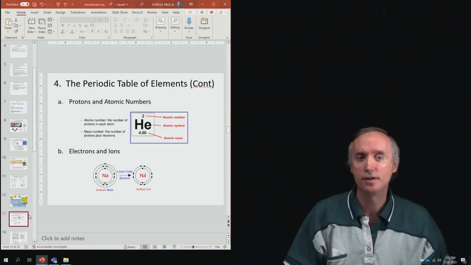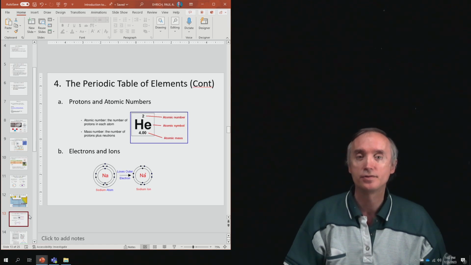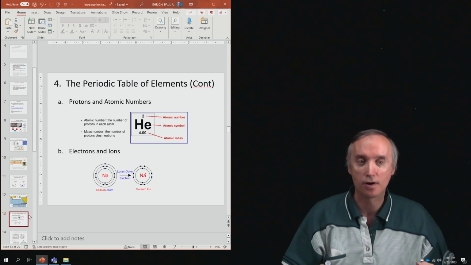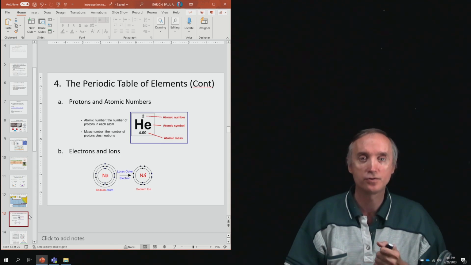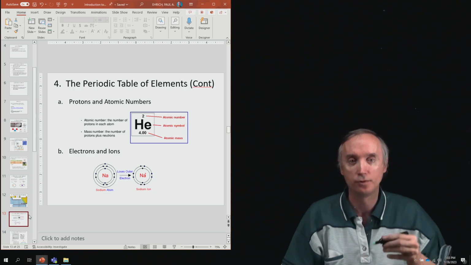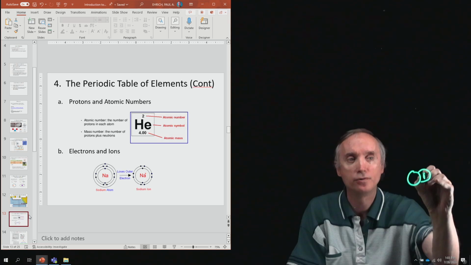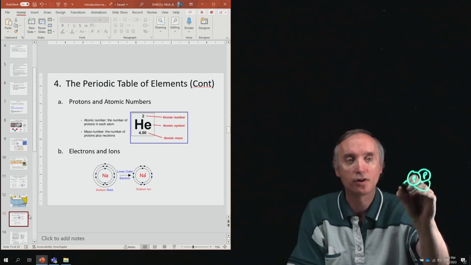Okay, now another thing that we could do, though, is that we could knock electrons off. So most atoms are going to be electrically neutral. So let's go back to helium, for example. Helium is going to have 2 protons in its nucleus, and then it's going to have some neutrons in there as well, but let's not worry about them.